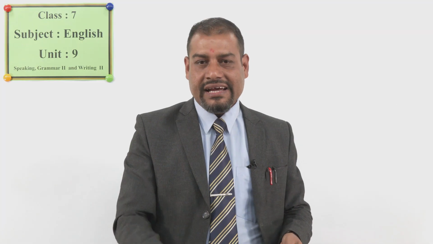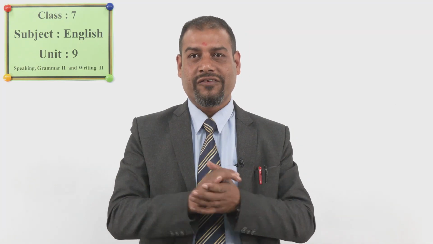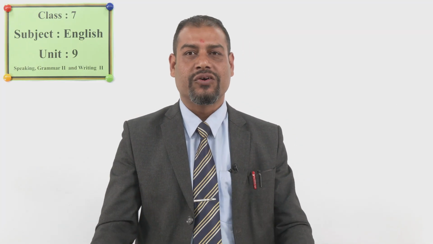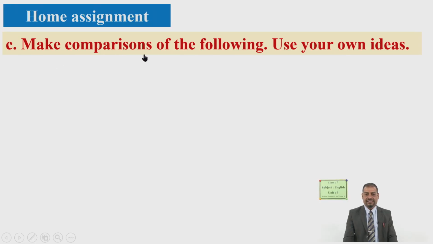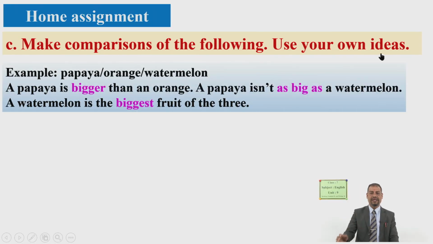Good. If so, again I have homework for you for this one, and your homework is to make comparisons of the following. Use your own ideas, okay? You can use your own ideas. For example, papaya, orange, watermelon. Now you have to compare between these three things, okay? So you can compare like this.